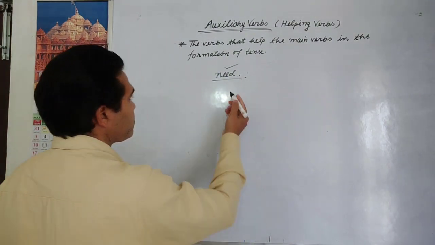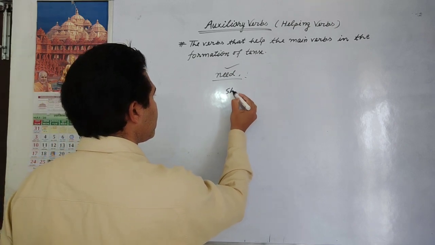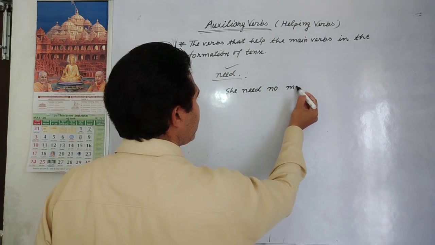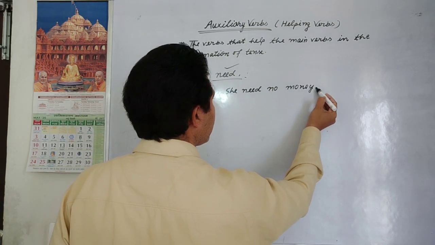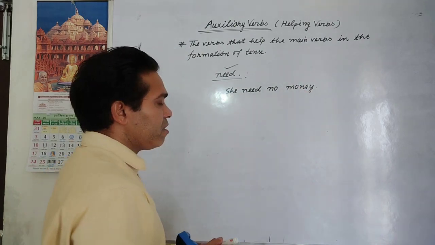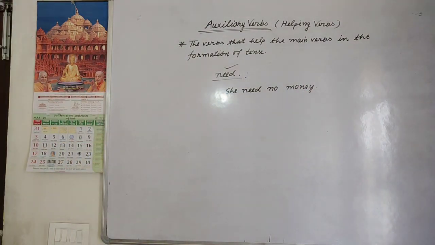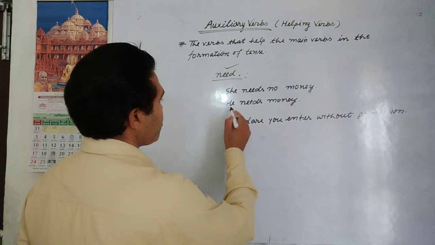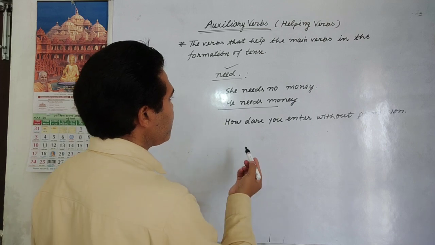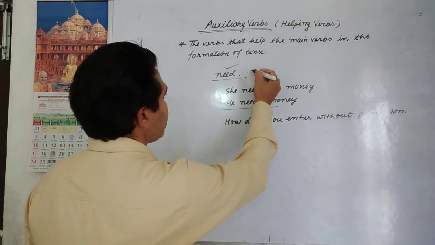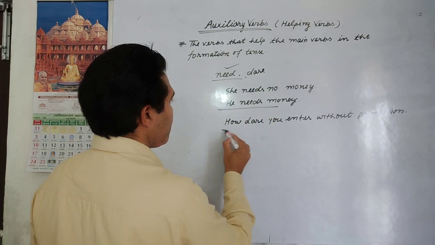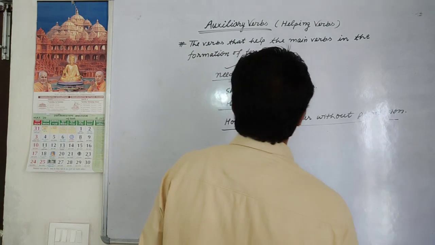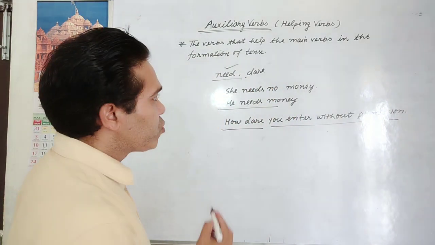How? She needs no money. Okay, in this way. I have written one more sentence for you. He needs money, and the use of dare: How dare you enter without permission? Okay.